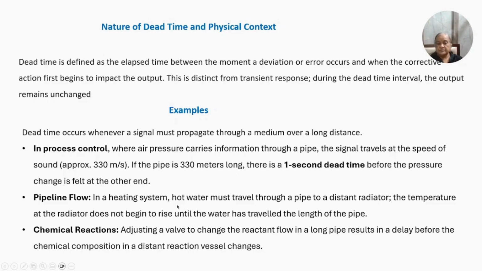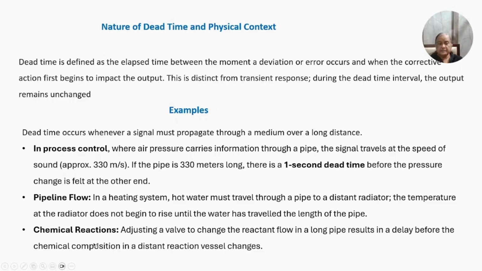So the time elapsed between the instant at which the water flow is turned on and the instant at which the water reaches the radiator is the dead time encountered in this pipeline flow example.